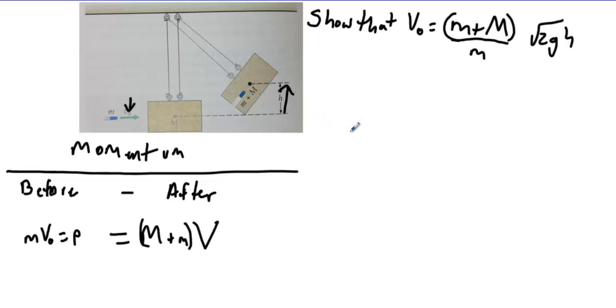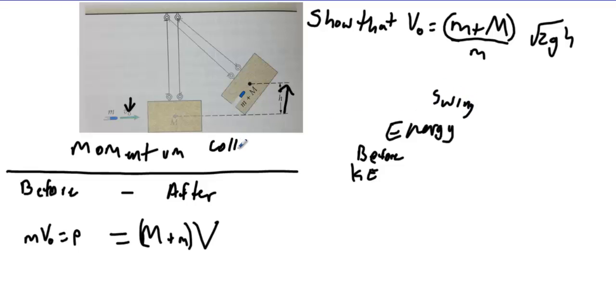Now over here I'm going to do this with energy, and this takes place after the collision. So I have no more collision at all. Instead I have kinetic energy, because when the bullet hits the block it's going to start pushing it, making it move. This is the swing over on this side, and this is the collision over here.